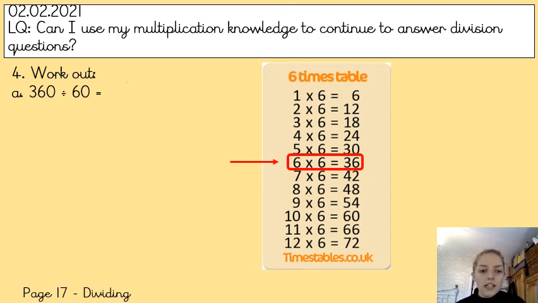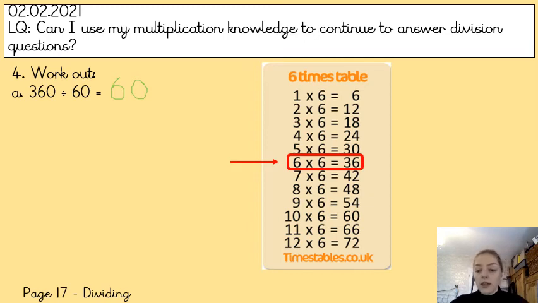Fab. If you said it was 60, you would have been correct. Now this is because our question is actually 10 times greater than the 6 times table. So you need to look very carefully at the questions for question 4 and have a think about how many times greater it is.